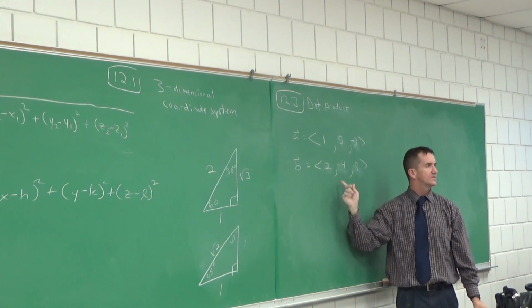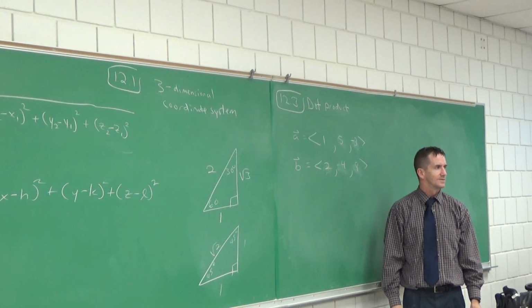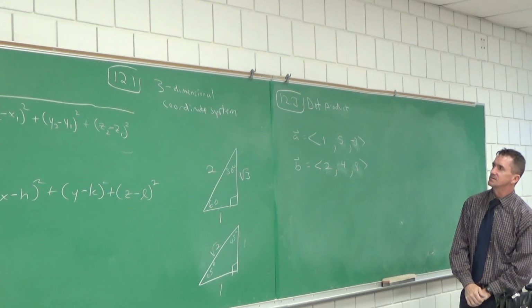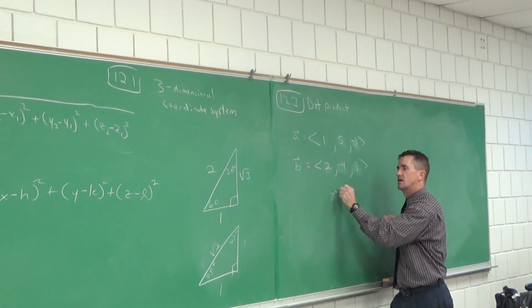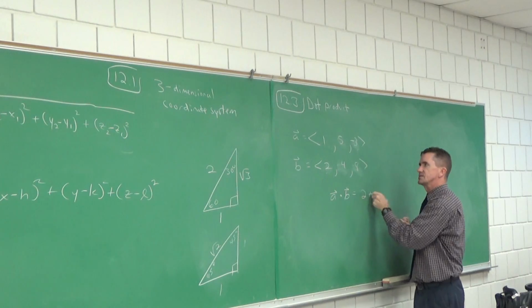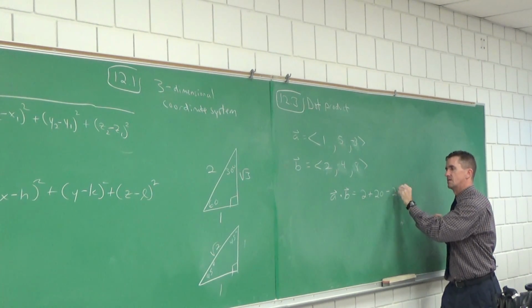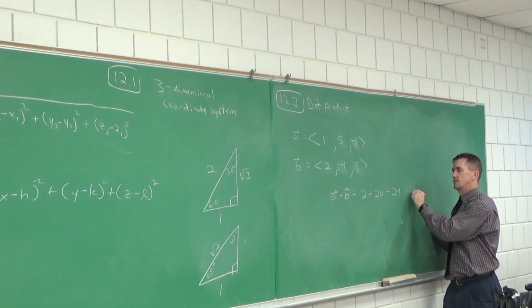No matter how big these numbers are, I think you'll be able to do this mentally. When you do dot products, you'll be able to look at it and go, I can get this. But if you have to, write it down. What is A dot B? 2 plus 20 minus 24, and what's 22 minus 24? That's the dot product.